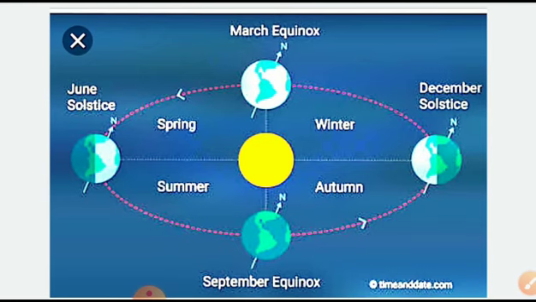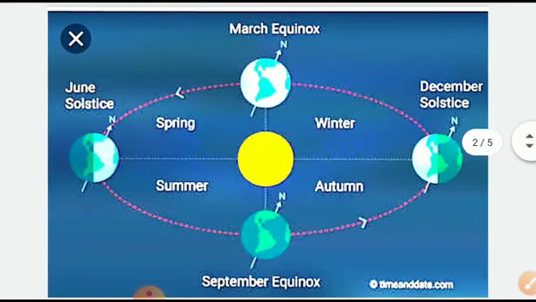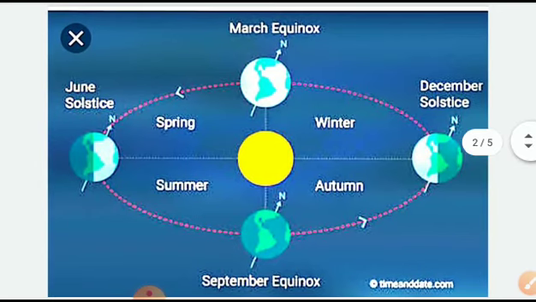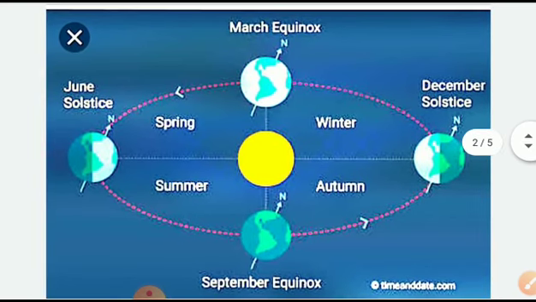So the March equinox means the spring season and the September equinox means the beginning of the autumn season. Whereas the June solstice means the beginning of the summer season in the northern hemisphere. Why? Because the Sun is facing the Tropic of Cancer and also the North Pole is slightly tilted toward the Sun.